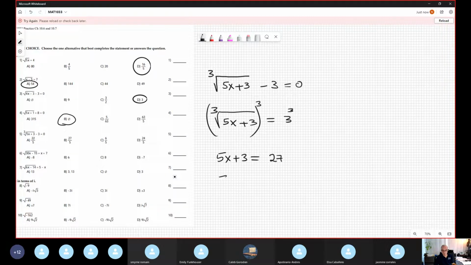Okay, now we have linear equation, 5x equal 27 minus 3, which is 24, divided by 5, is 24 over 5. You can check it if you want.